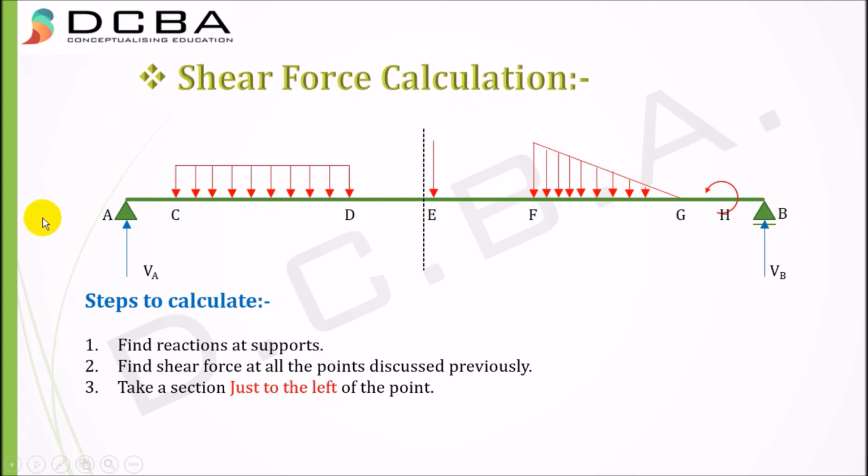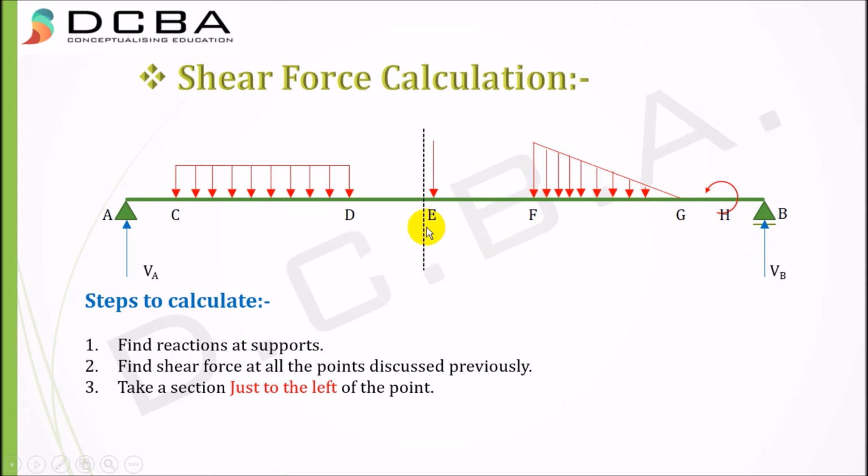If the resultant of the left part of the beam, that is VA and this UDL, meaning the summation of both, acts in the upward direction, my shear force is going to be positive, because left going up is positive. Similarly, if this is going up, then the sum of the forces on the right has to go down.